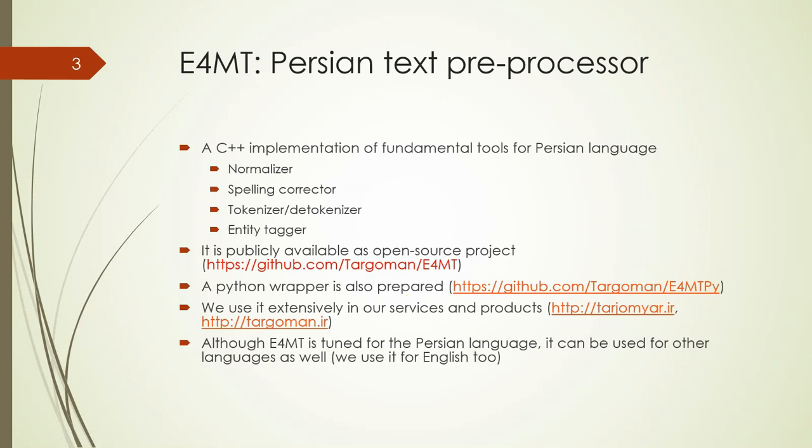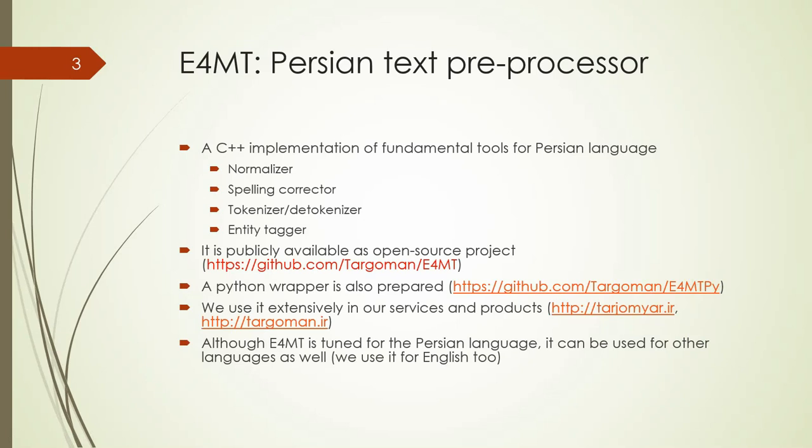We have developed one such text preprocessor named E4MT, which stands for Essential Tools for Machine Translation. In fact, this preprocessor can be used for NLP use cases, but our primary focus has been machine translation. It is developed using C++ to fulfill our production environment requirements.